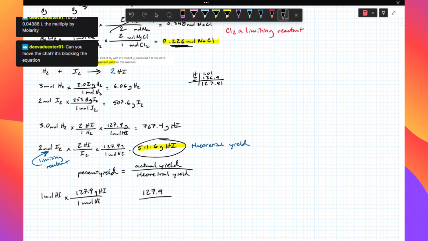So our actual yield was 127.9 over the theoretical yield of 511.6 gives us 0.25, and to get a percentage, that is 25%.